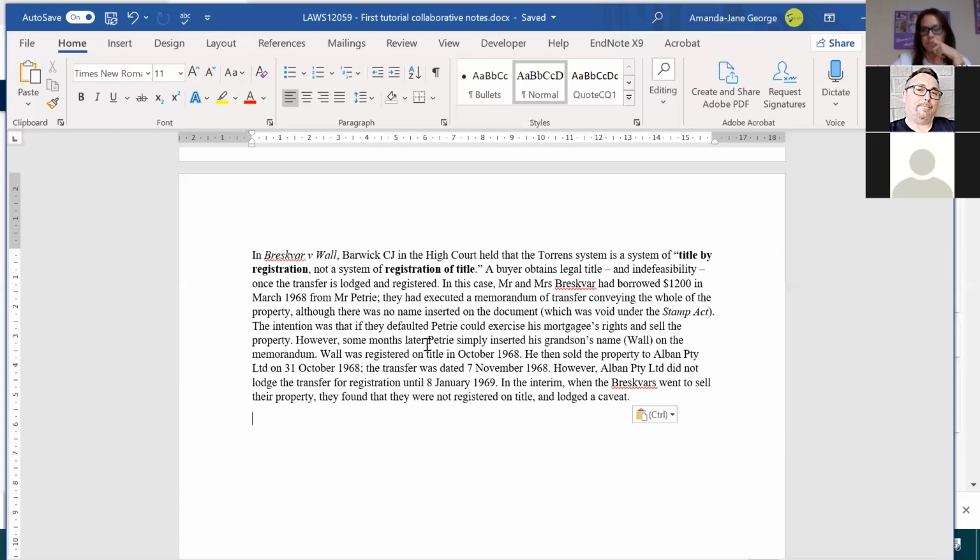So we have very clear direction from the High Court there that regardless of how problematic the transfer document itself is, and whether it's affected by fraud, contravention of the Stamp Act, you name it, once you're on title, that's it.